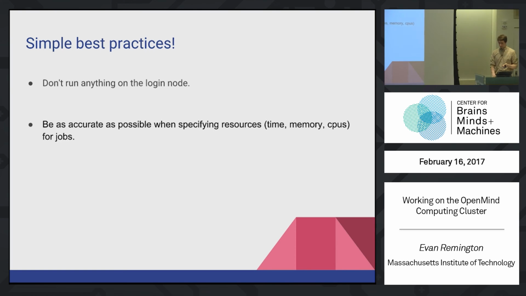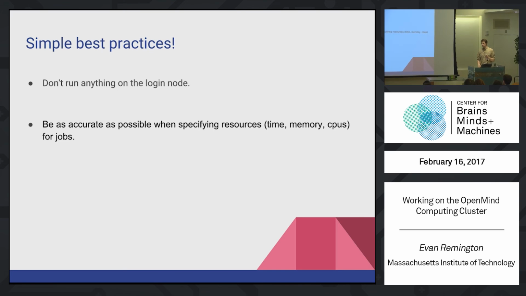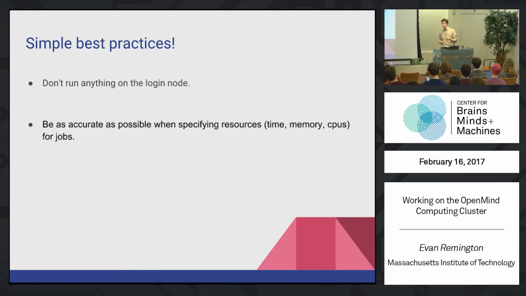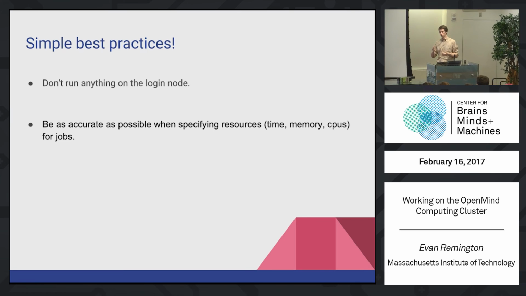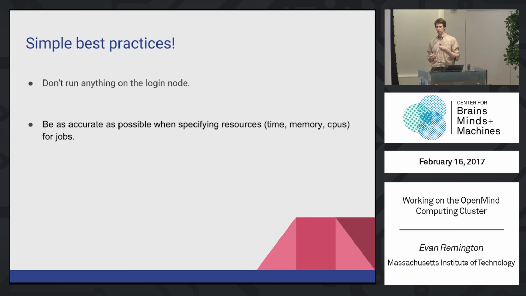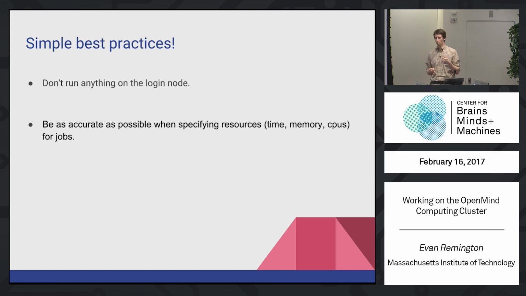The other thing is there's something called the backfill scheduler. What the backfill scheduler does is every few minutes, it looks through the queue of jobs. And if, let's say, the job with the highest priority is very big, and there's some free resources, but not enough to start this job, it'll go down the list and try to find a job that, A, is small enough to run right now, and B, will definitely be done soon enough so that jobs ahead of it won't be delayed.